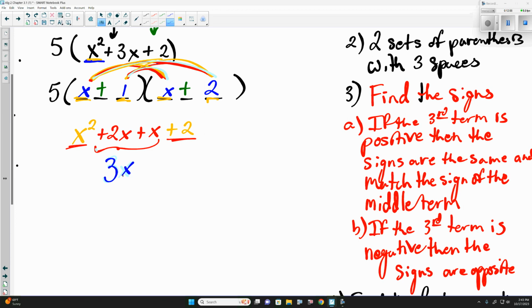Yeah, because we wanted it to be positive 3x. It is indeed positive 3x. So x plus 1 times x plus 2 is the factored form of this quadratic. Questions on this here? We're ready for the next one.